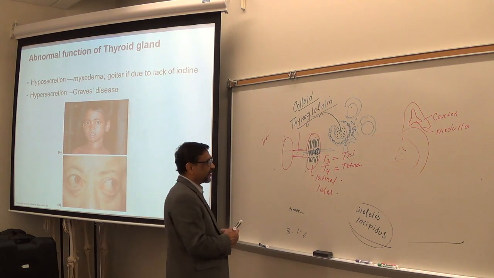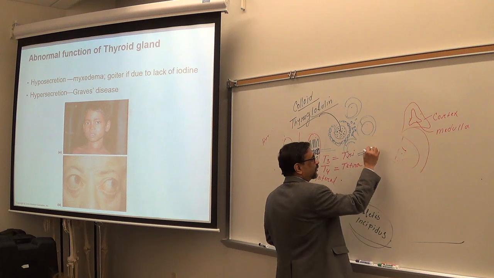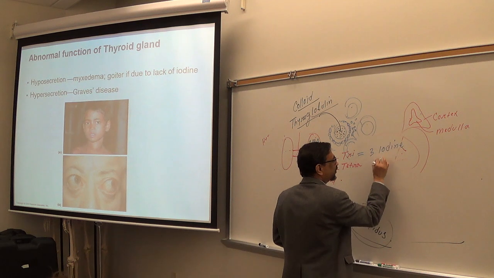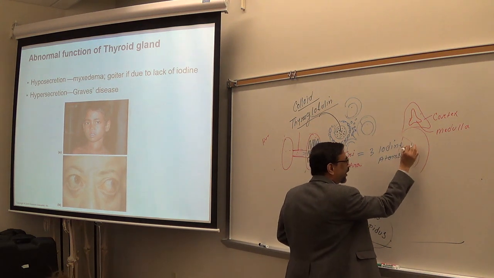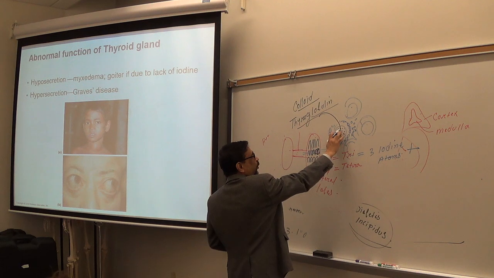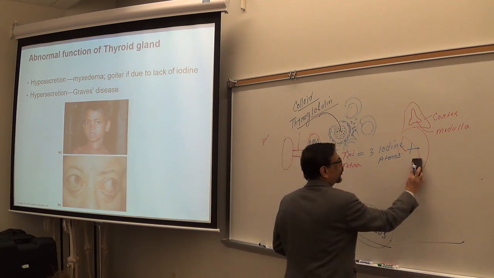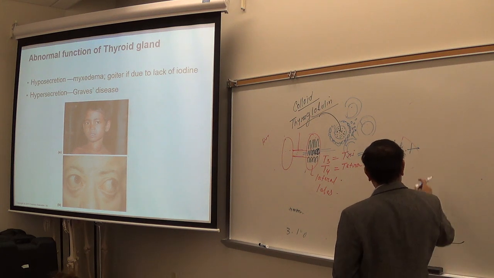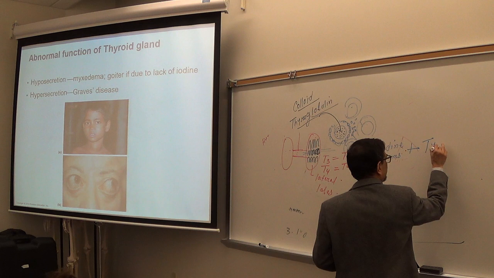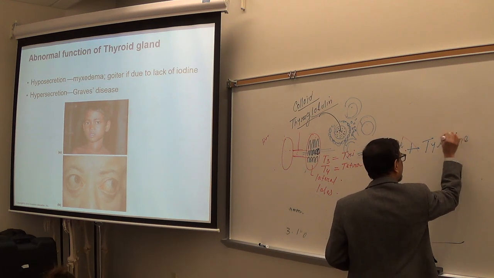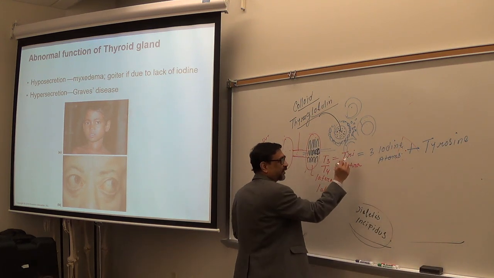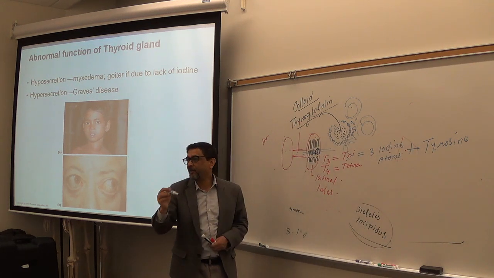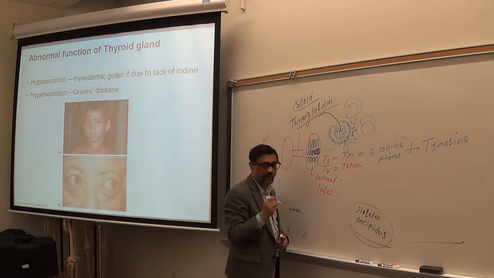So how is T3 formed? 3 iodine atoms, and in thyroglobulin you have an amino acid. This is protein, so you know protein has amino acid, that is called tyrosine. Okay, tyrosine. So T3 is formed by 3 iodine atoms and the amino acid tyrosine.